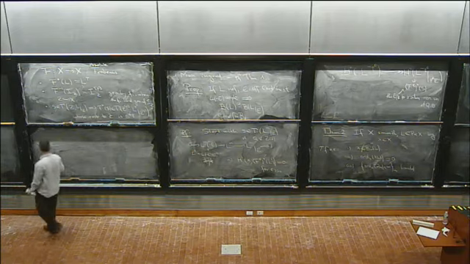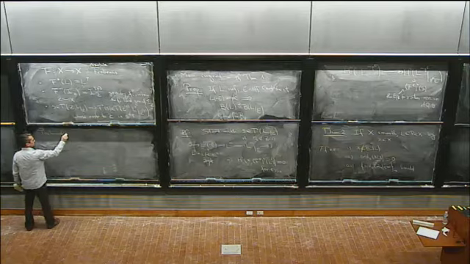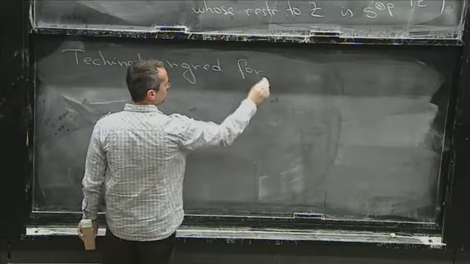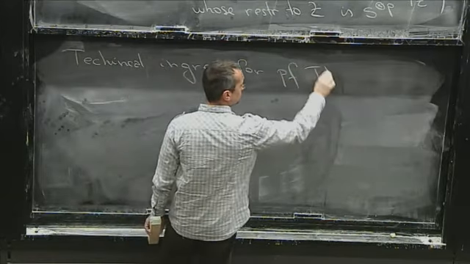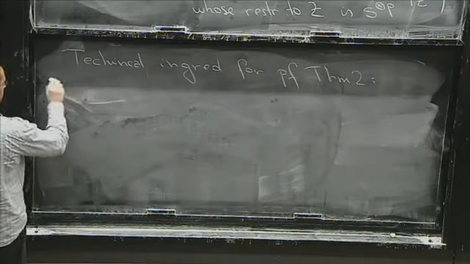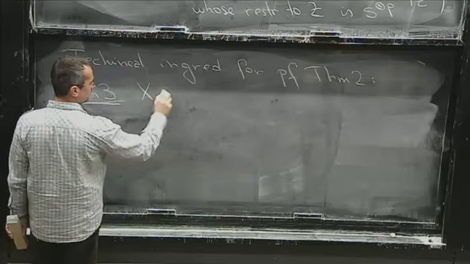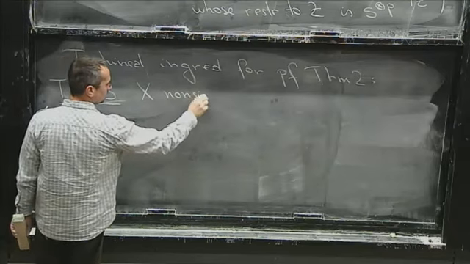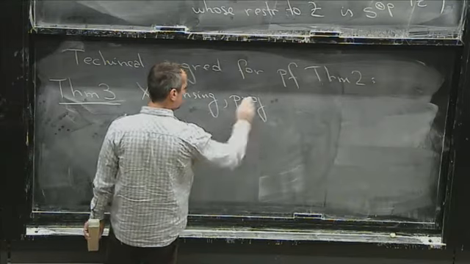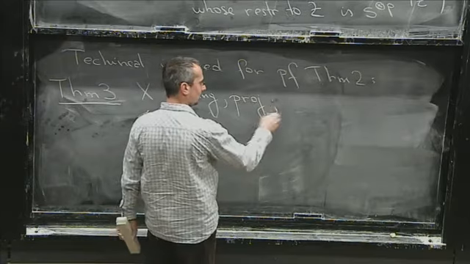So again, the technical ingredient for proof of theorem 2 is the following. Theorem 3. So again, so X is non-singular, projective in characteristic P, and I'm gonna take the following data.